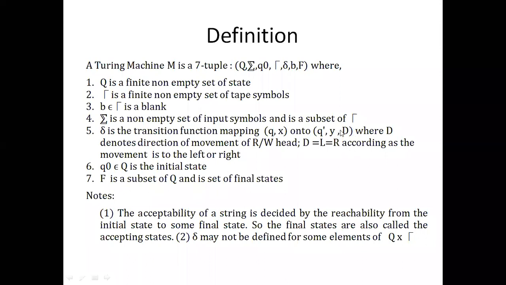So the head can move one cell in the forward direction, or it can move in the backward direction, or we can say it moves towards the left side or to the right side. So the additional changes in the Turing machine are the direction of the movement of the tape head, which changes your transition function, and the additional blank symbol and the tape symbols.